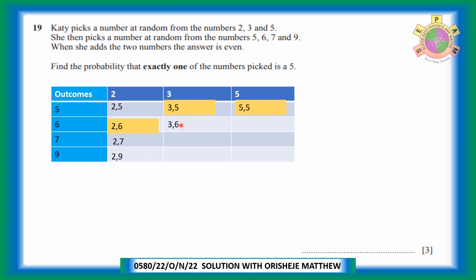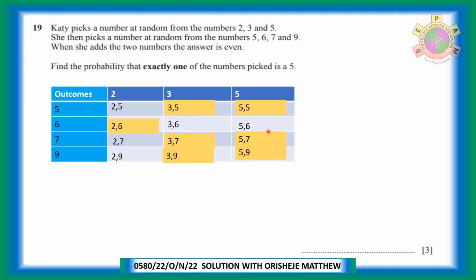Then 3 and 6, 3 and 7 is even, 10. Then 3 and 9 is also even, that is 12. 5 and 6 is odd, 5 and 7 is even, then 5 and 9 even.